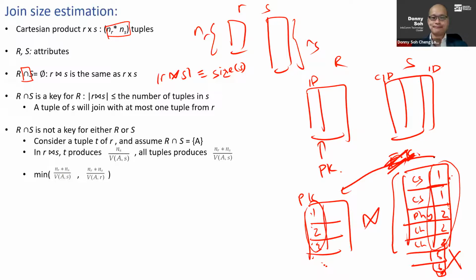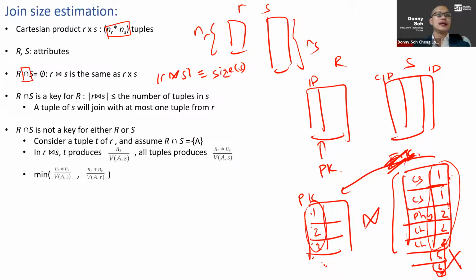Okay. Next thing, if the common attribute of R and S is not a key for both R and S, then we will have to estimate. So we estimate based on two things.